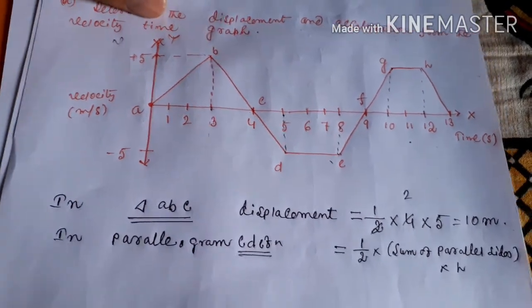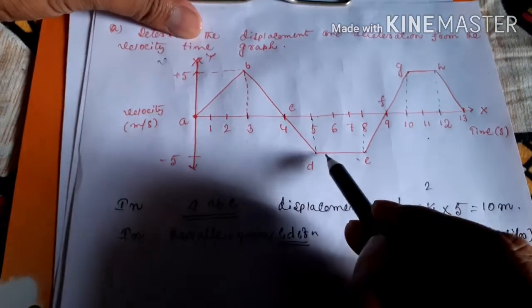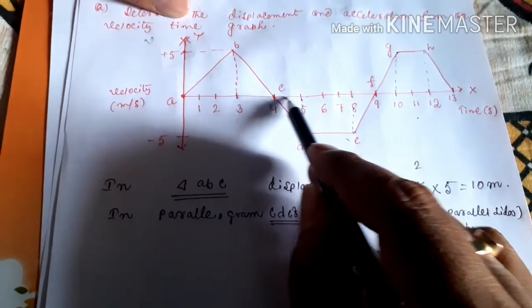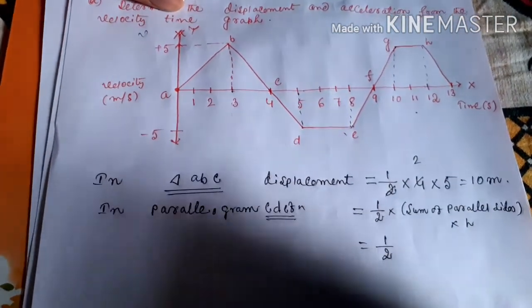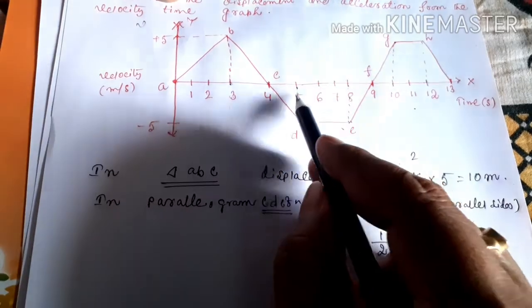Which are the parallel sides? This one and this one, these two, are the parallel sides. This one is 8, this is 5.